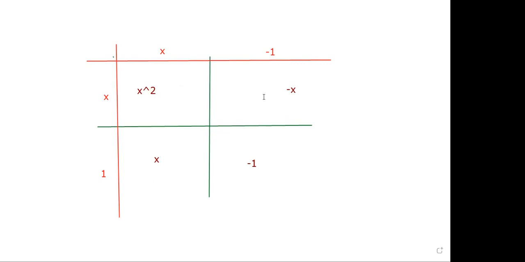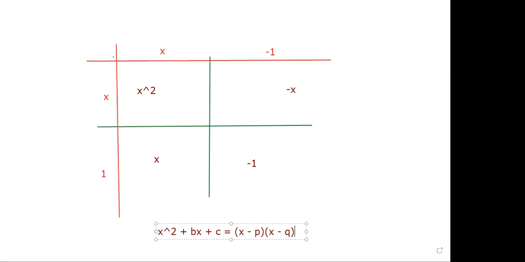Because when you are doing middle term factorization, the constant term, okay, let me write this out. Let's first take the simple one. It will be of this form, right? We are going to factorize it this way.